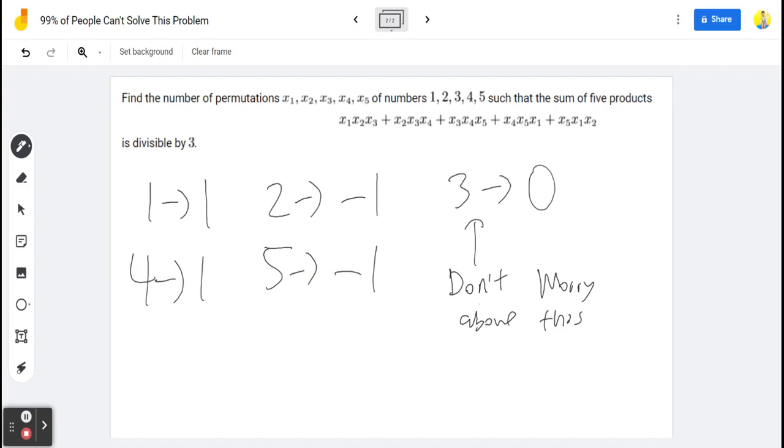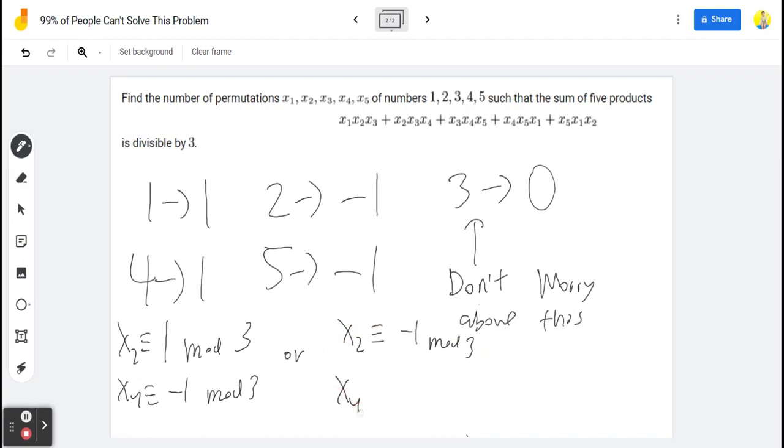So if we want x2 plus x4 to be 0 mod 3, then x2 could be 1 mod 3 and x4 could be negative 1 mod 3, or x2 could be negative 1 mod 3 and x4 could be 1 mod 3.